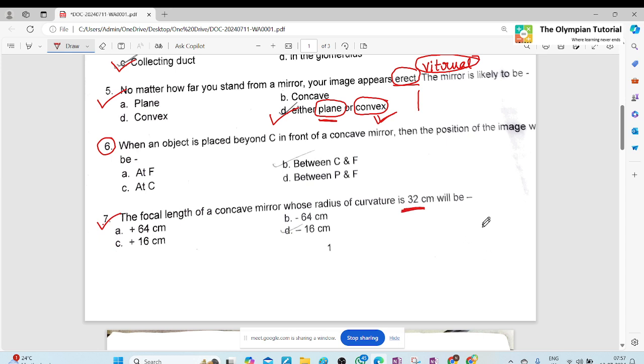So does a concave mirror bulge outward or inward? Outward. Bulges inward, oh sorry. And here radius of curvature and focal length is half of the radius of curvature. Okay. Yes, ma'am. Ma'am, it's been a long time since I did light.